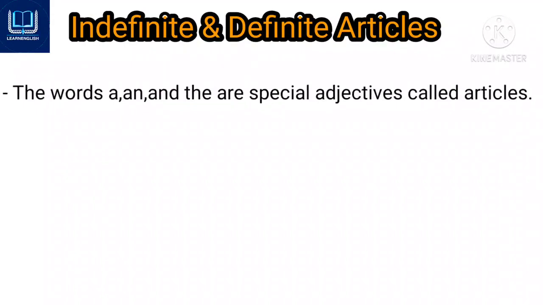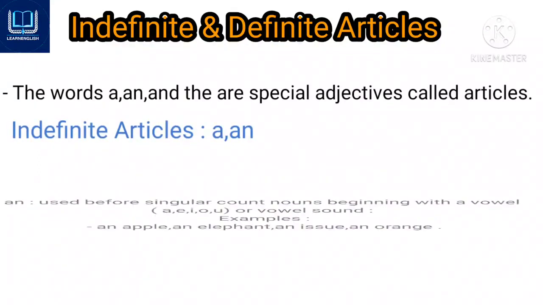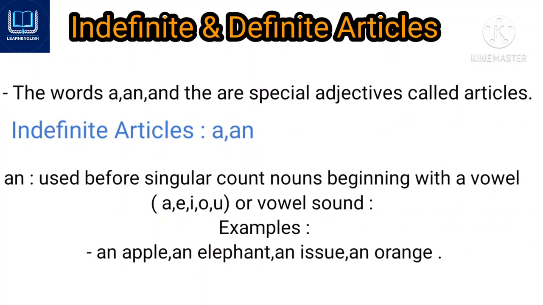Indefinite and definite articles. The words a, an, and the are special adjectives called articles. Indefinite articles a, an. An is used before singular count nouns beginning with a vowel, A, E, I, O, U, or vowel sounds.